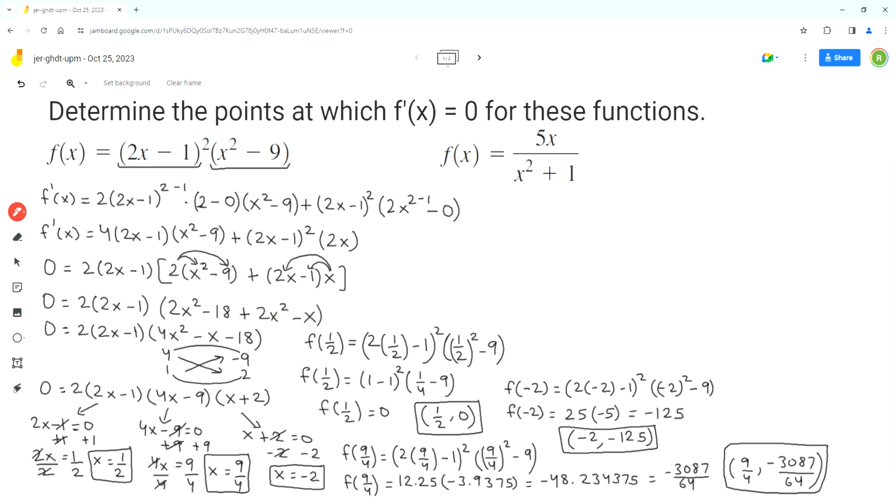Now this function is a rational function, so we can use the quotient rule to find its derivative.